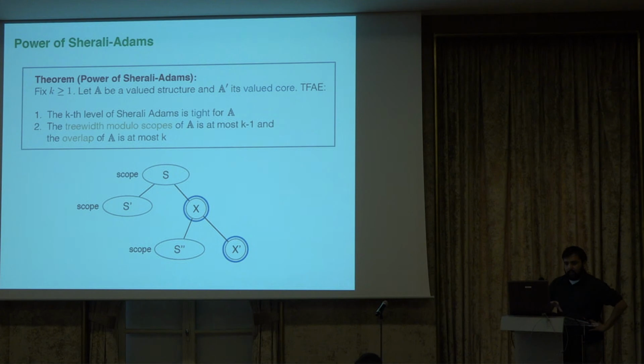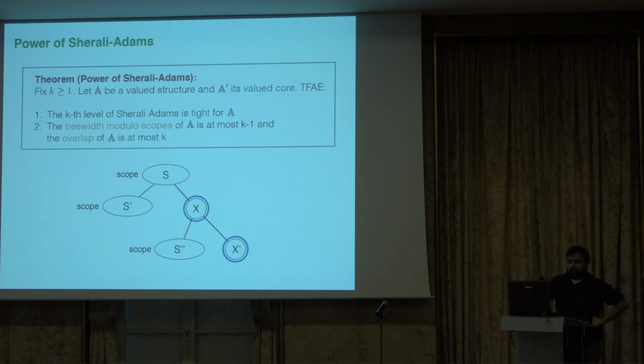So this is the definition of tree width modulo scope, and why and how it is connected with Sherali-Adams and why it is useful. The high-level idea is that to show tightness, we need for each bag to have some variables associated that are in the program. And remember that in the program, we have these two types of variables, right? The one where the domain was some scope, and the other, where the domain was some X with size at most K, okay? So this is why we need to consider this type of decomposition.